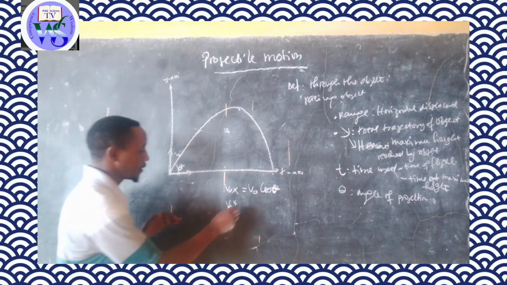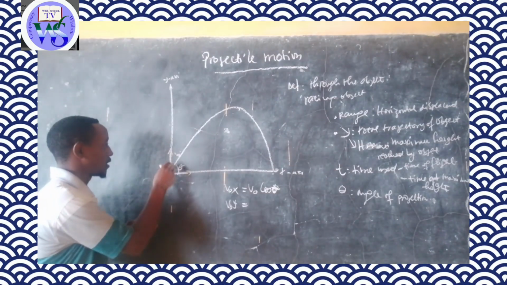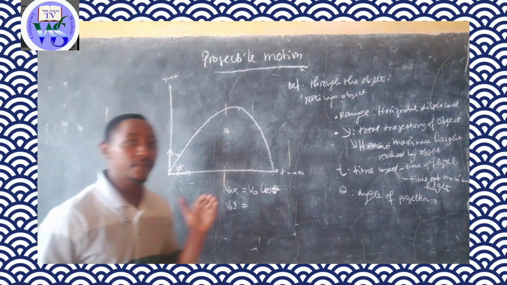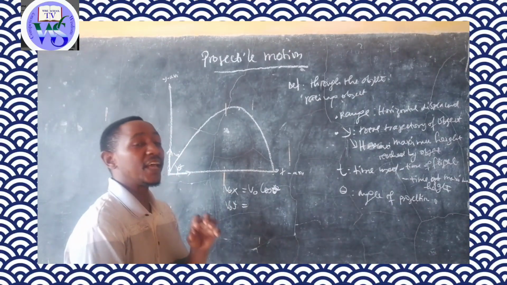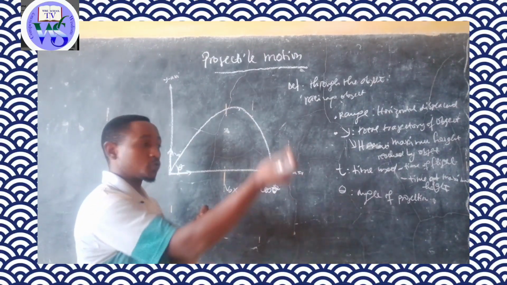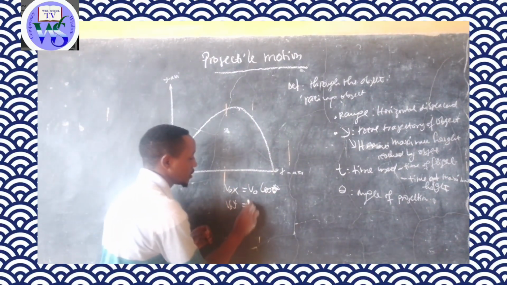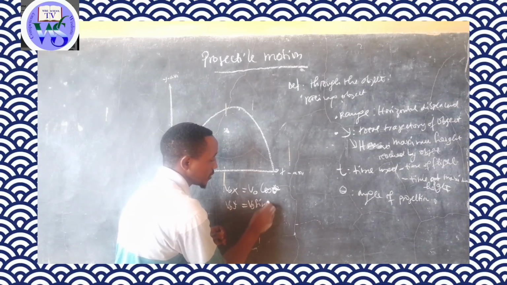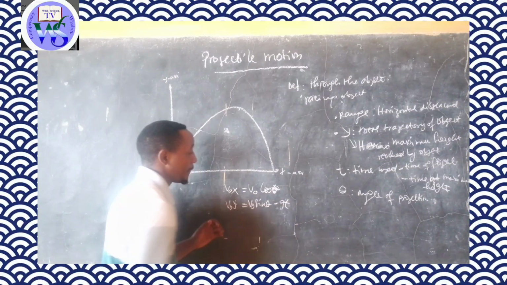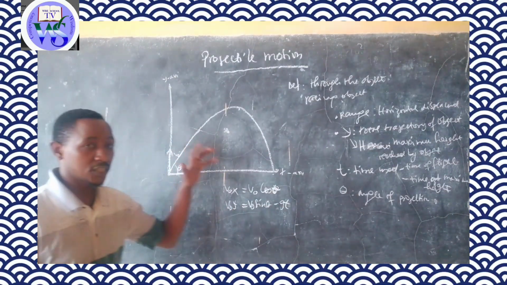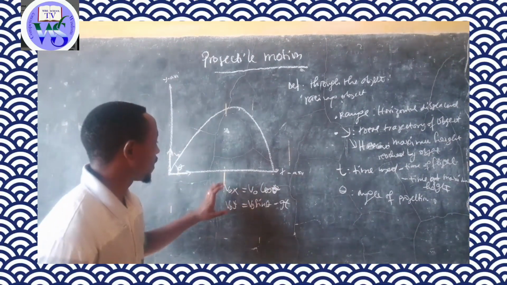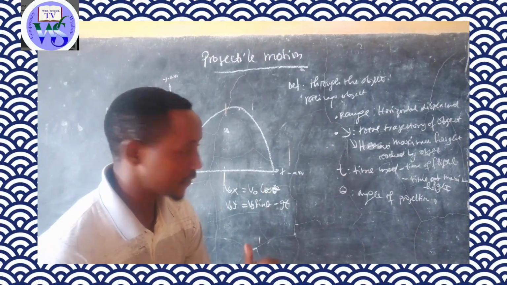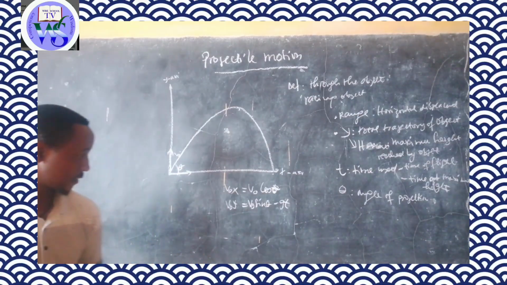For Vy it is V0 sine of theta minus gt, because there is gravitational acceleration.